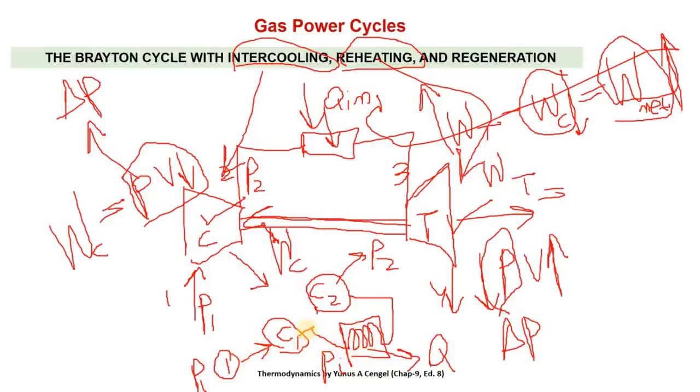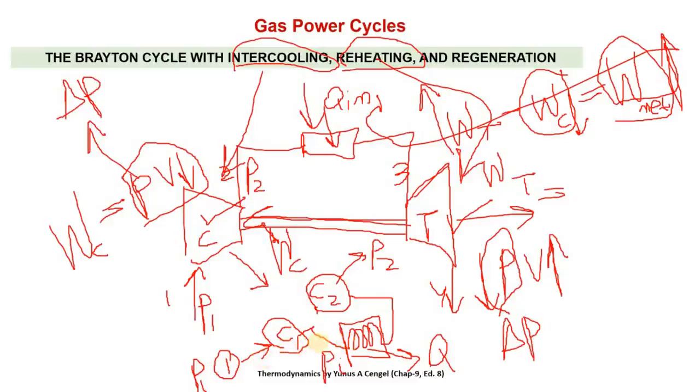So volume decreased, but now we further decrease the volume without changing the pressure. This is a heat transfer process where pressure will not change, only temperature will drop. When temperature drops, its volume will also drop.